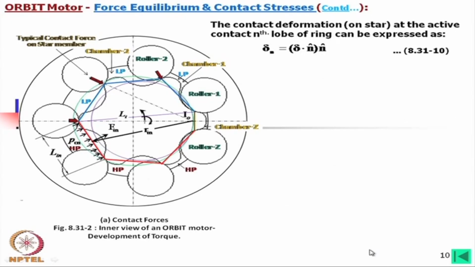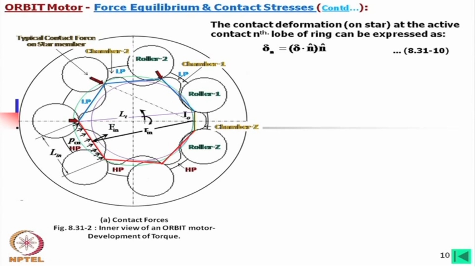Okay. Now, the contact deformation on star at the active contacts nth lobe of ring can be expressed. Actually this is in the vector form. What we are doing is taking the actual total deformation, and from there we are trying to find out what is the deformation in the normal direction.